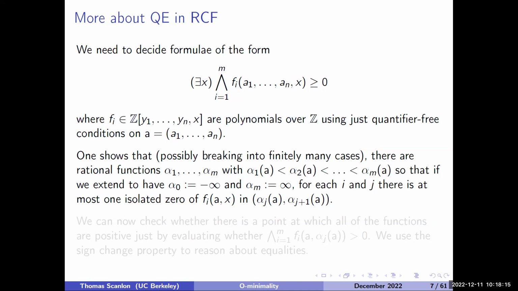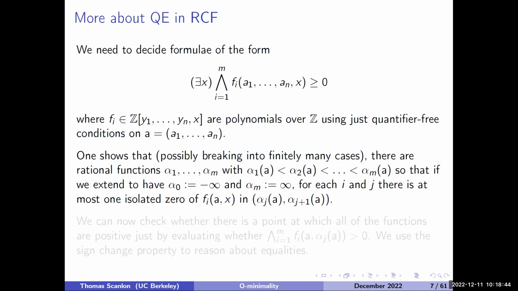So you have to compute those, and of course there are some cases where you have to worry about denominators, and the actual algorithm is more complicated than we're going to write here in one paragraph. But you find those rational functions, and now you can arrange that for each one of these, the sign of the polynomial when you plug in the x is constant in between.